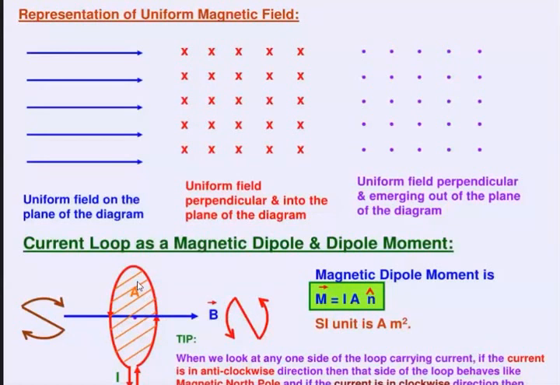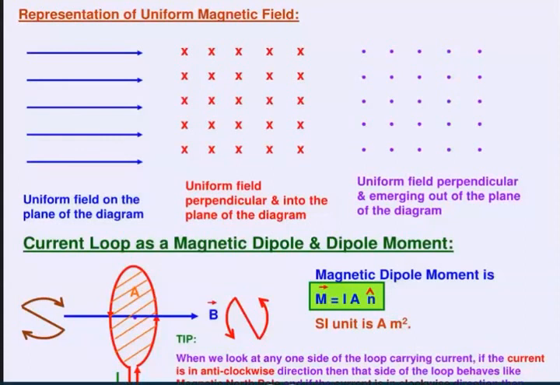It is because of this reason that for a small electric motor or generator, the radius of the coil is small. For a bigger generator, that is a generator with higher power, the radius is higher. So a bigger radius loop will produce a high magnetic field, high magnetic dipole moment. So this is the reason.